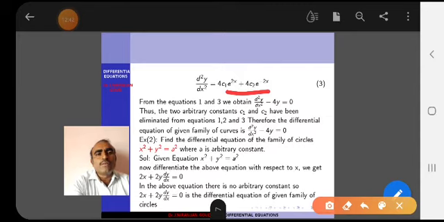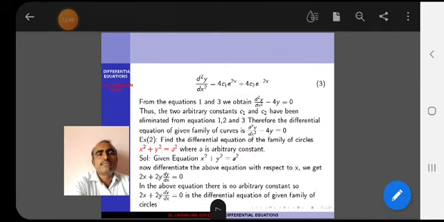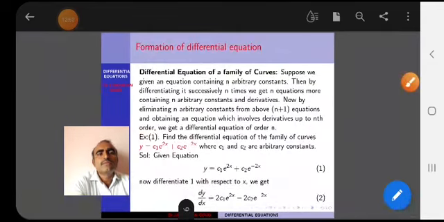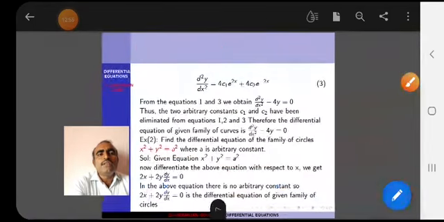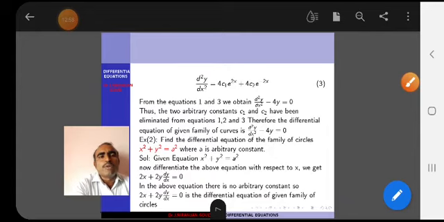But we know from equation 1 that c1 e^(2x) + c2 e^(-2x) is y. So substitute y in place of it. You will get d²y/dx² = 4y, and you write it as d²y/dx² - 4y = 0.